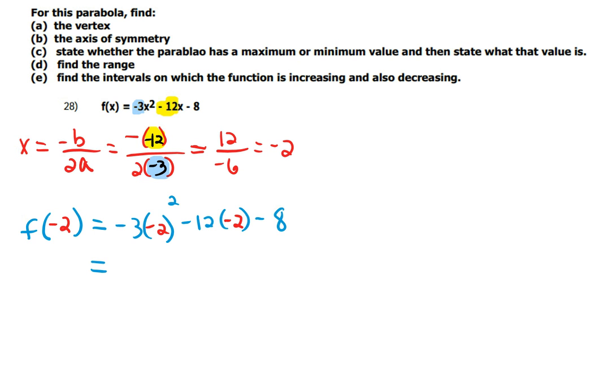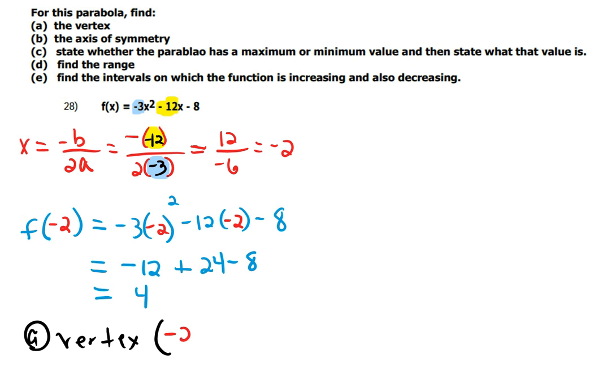Negative 2 squared is 4 times negative 3 is negative 12. Negative 12 times negative 2 is a plus 24. And then from left to right, negative 12 plus 24 is 12, minus 8 is 4. Okay, so for the first answer to part A, the vertex is x was negative 2 and y was 4.